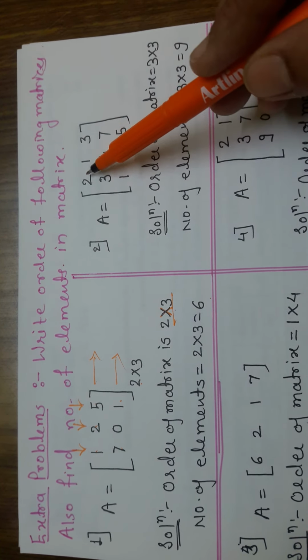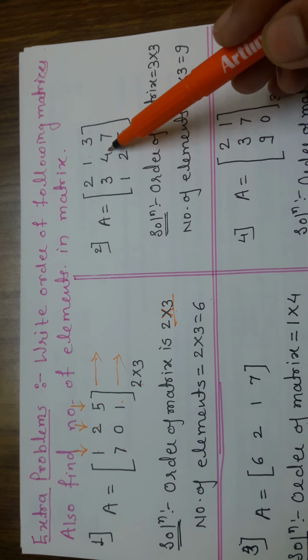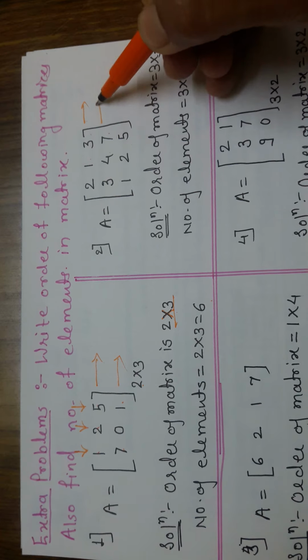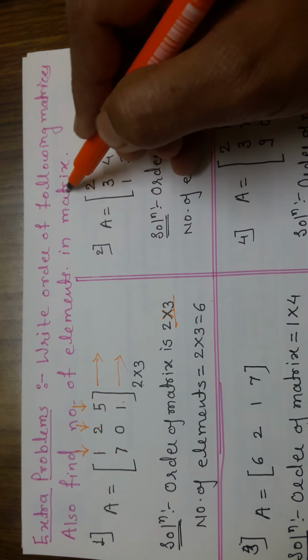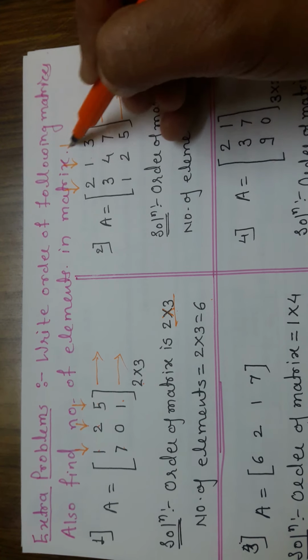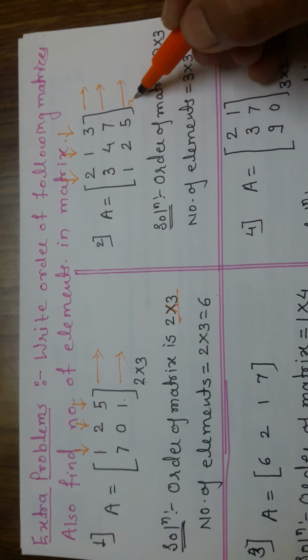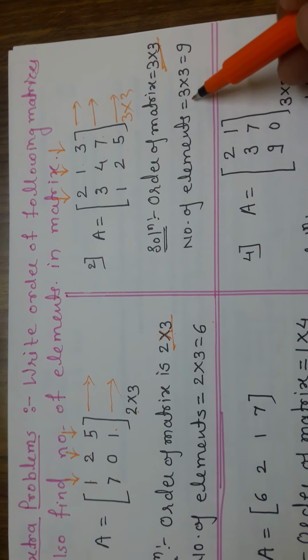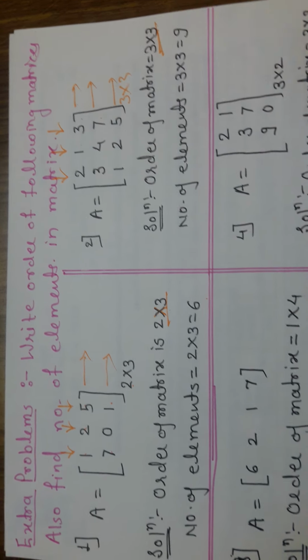Second, A is equal to 2, 1, 3, 3, 4, 7, 1, 2, 5. Now you are finding this is the first row, second row, third row. This is the first column, second column, third column. So the order of this matrix is 3 cross 3, and number of elements is equal to 3 cross 3 means 9.